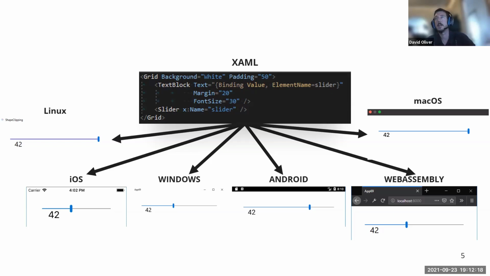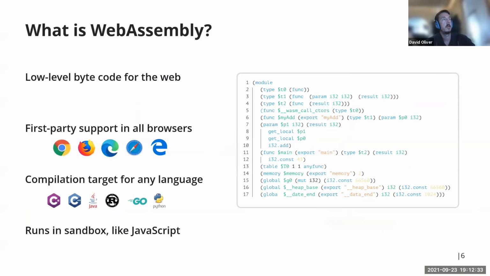Let me explain just what I mean by WebAssembly, because some people may not have heard of it, or some people may have heard of it before, but be a little unsure what exactly it means. So just quickly, WebAssembly, you can think of it as a low-level bytecode like IL or like Java bytecode that is built to run on the web.